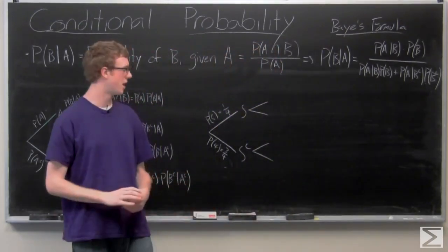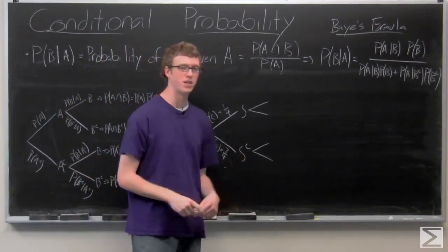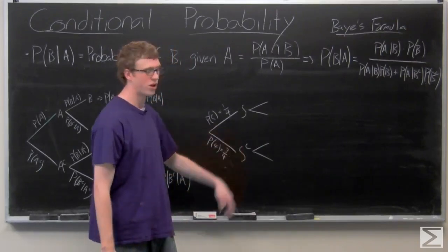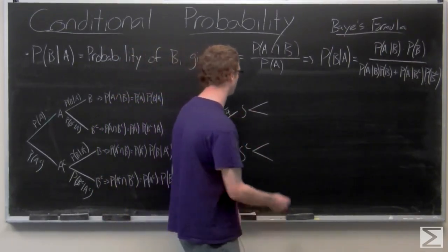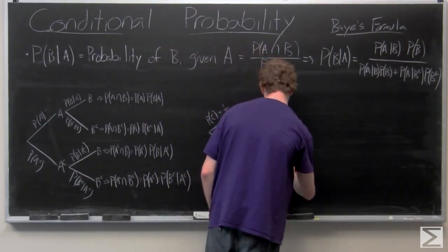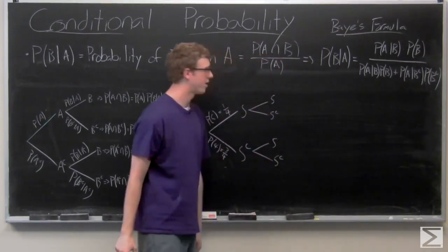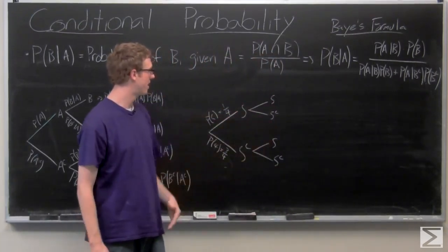Now, we didn't originally state, but the problem states that we're not replacing the cards in the deck. So once we've drawn a card, there are only 51 cards left. So we need to account for that in each of these. So here are your second card possibilities, another spade or not a spade.